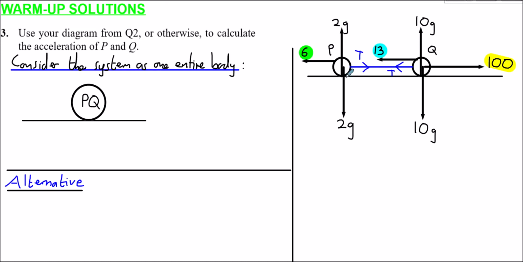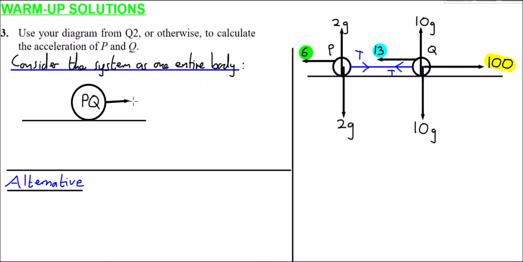Apart from these tension forces which cancel out, we can now think about what the total forces are horizontally. Although there are vertical forces, these will cancel, so they won't affect the motion. The motion and acceleration is going to be purely horizontal.